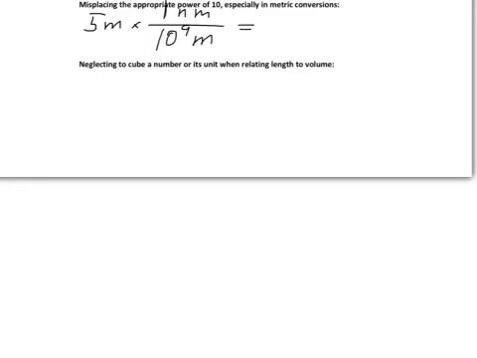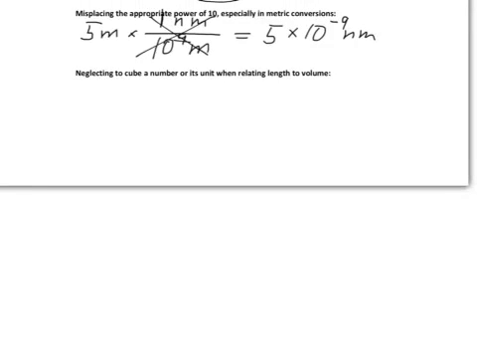And when I carry that out, I get 5 times 10 to the minus 9 nanometers. That's wrong. The correct conversion factor is either 10 to the 9th nanometers over 1 meter, or 1 nanometer over 10 to the minus 9 meters.